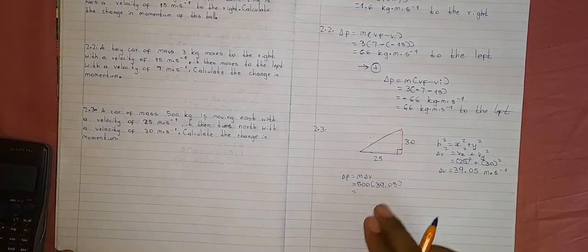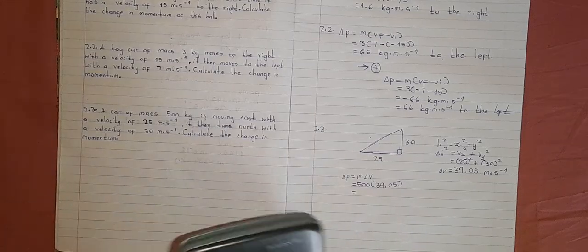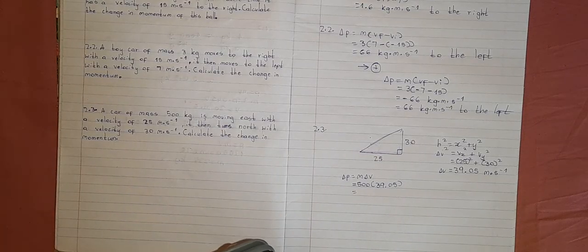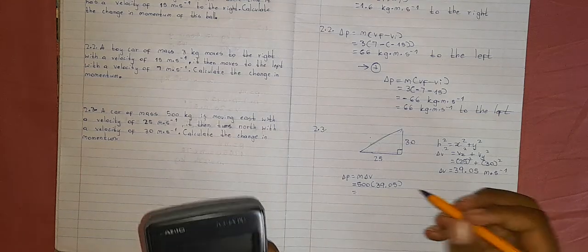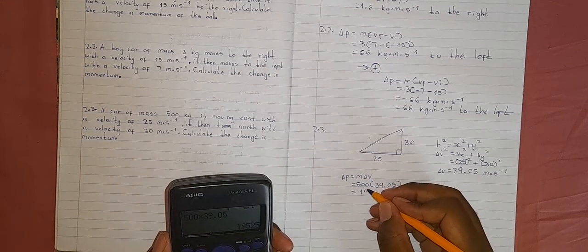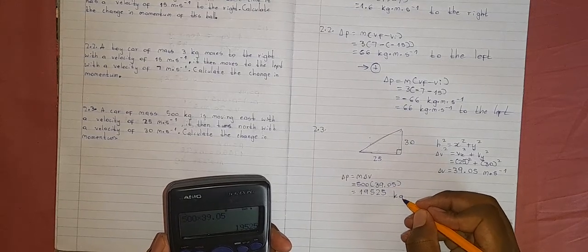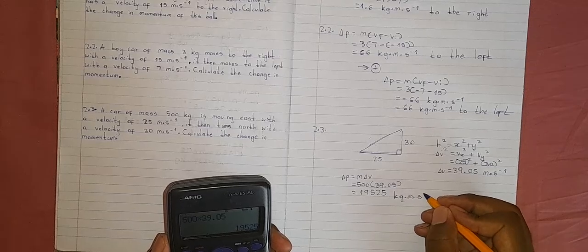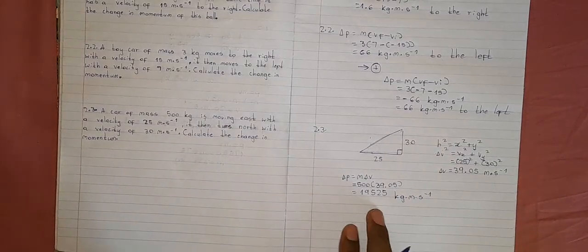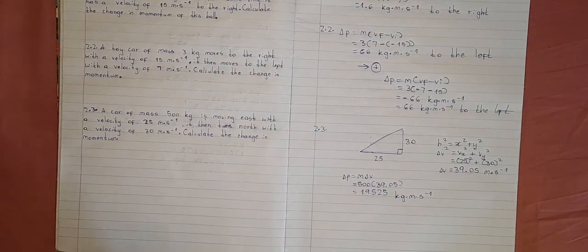So we get 500 times 39.05, which is 19,525 kg per meter per second. So this is your change in momentum.